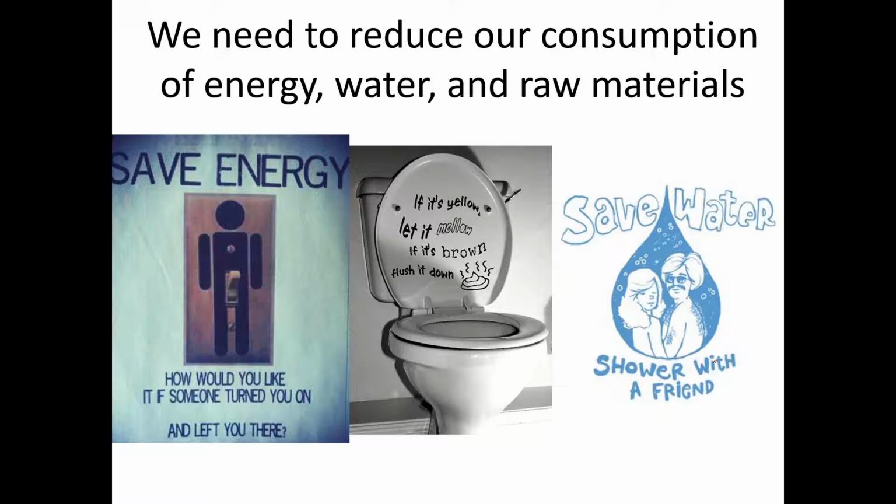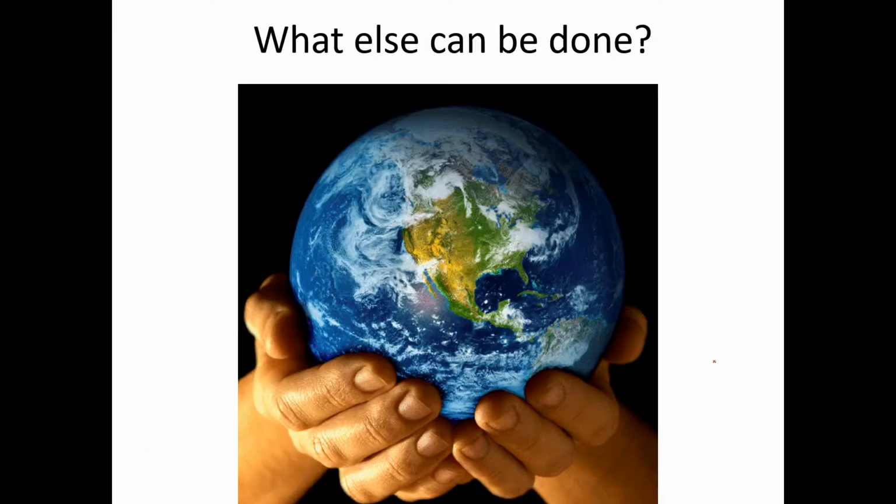But they kind of drive home the point that we want to try to conserve all of these resources as much as possible. And so if you can't think of any, I want you to research or brainstorm some ways you can save energy or save water that are realistic, that you might actually expect to do to help out with the environmental situation.